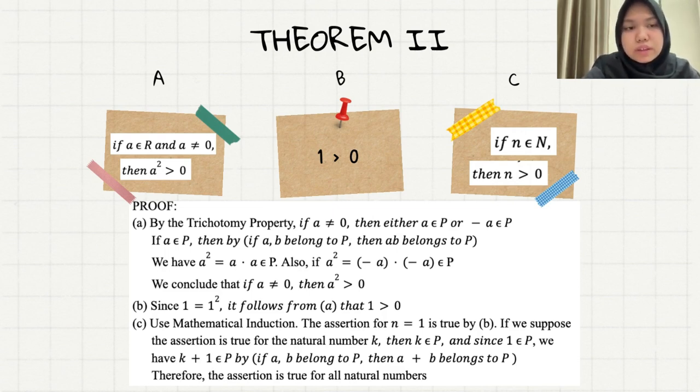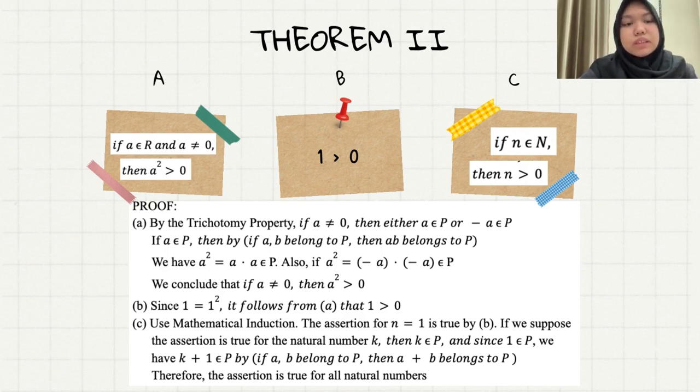First, we have the first theorem in a. By the trichotomy property, if a is not equal to 0, then either a is in P or minus a is in P. So if a is in P, then by if a, b belong to P, then ab belongs to P, we have a squared equals a times a is in P. Also, a squared equals minus a times minus a is in P, so we conclude that if a is not equal to 0, then a squared is more than 0.